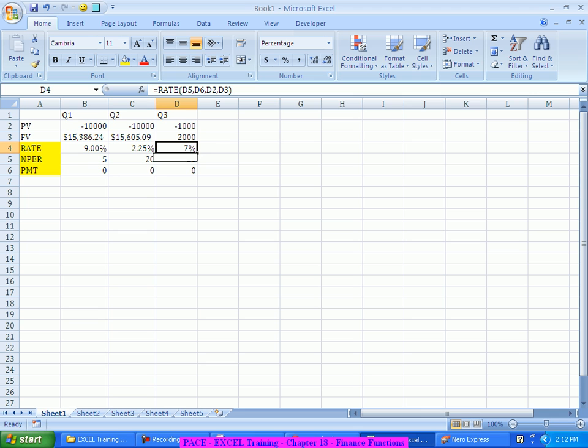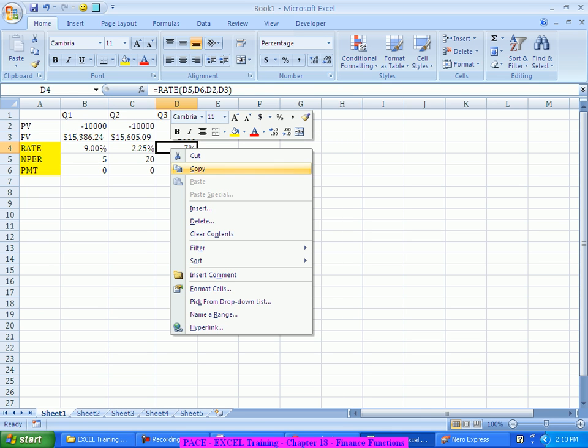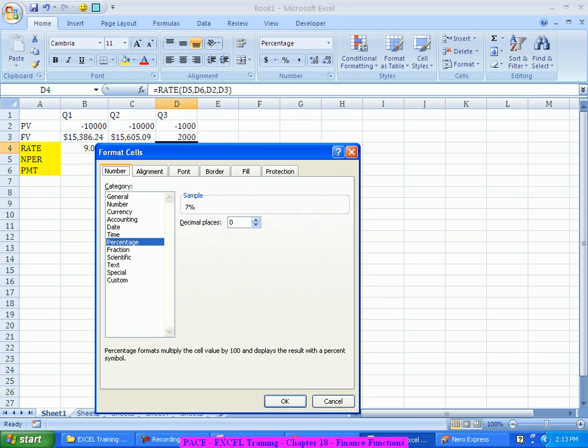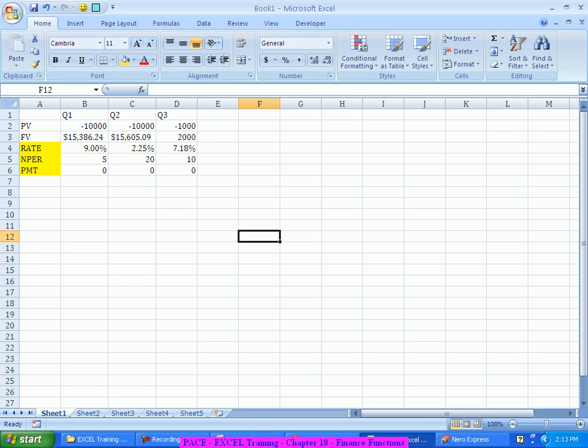If someone says that your money is doubled in 10 years, in literal sense, it is giving you only 7% return. If I just put even 2 decimals, it is coming out as 7.18% return. That is the interest rate.